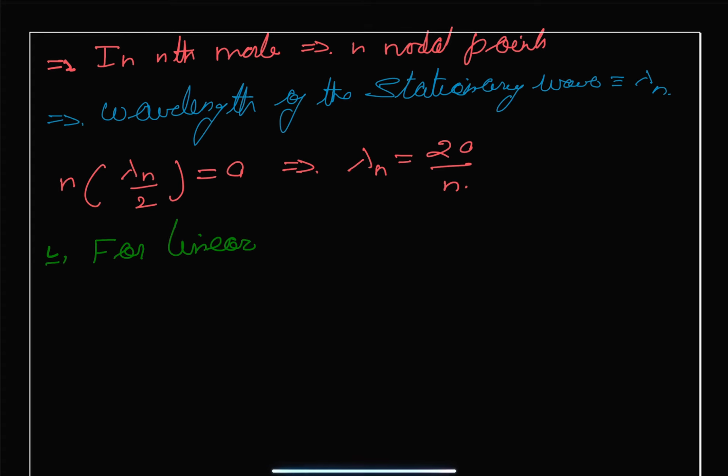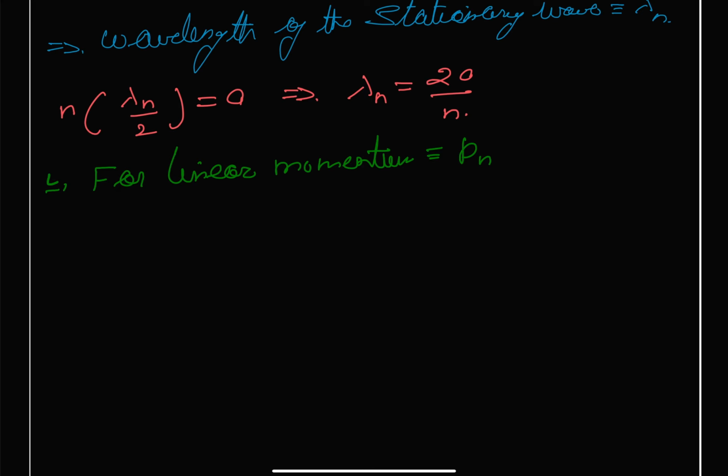Let us suppose we call the linear momentum p of n, then we can write that lambda of n is equal to h upon the linear momentum, and we can write this in the form of energy, that is equal to h upon the square root of 2m E of n.